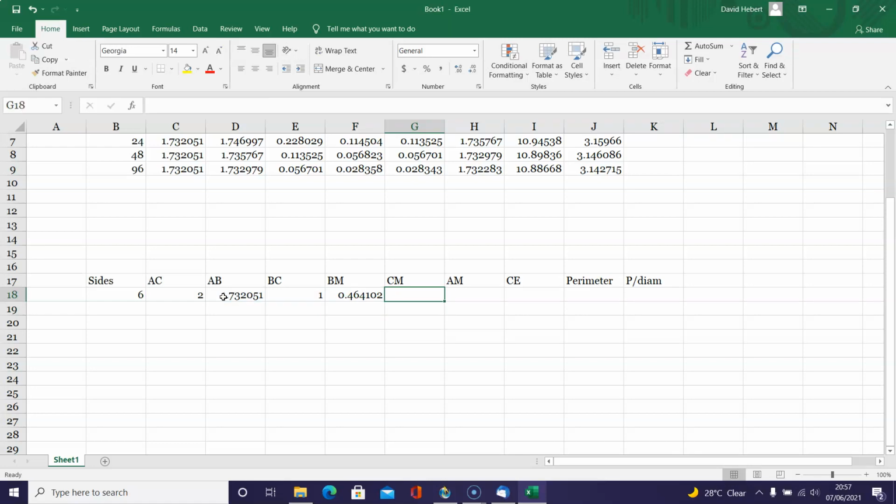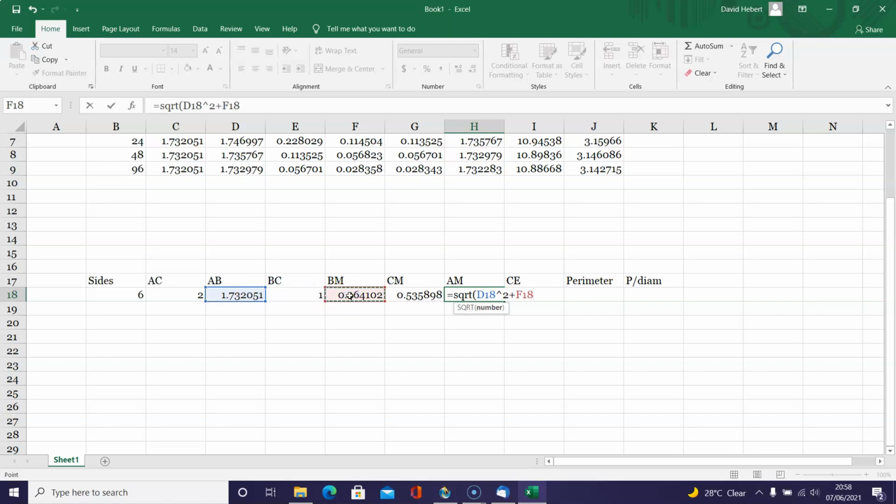CN, if you will remember, is going to be the length from B to C minus the length BN, which we just calculated. AN is going to come from our right triangle, so that's going to be the square root of A to B, quantity squared, plus B to N, quantity squared.